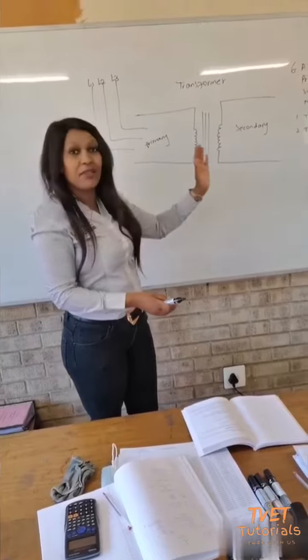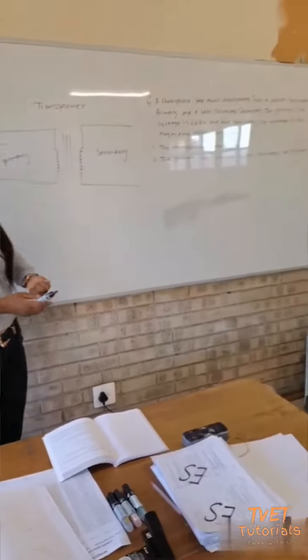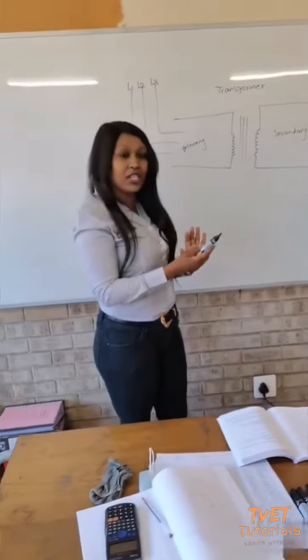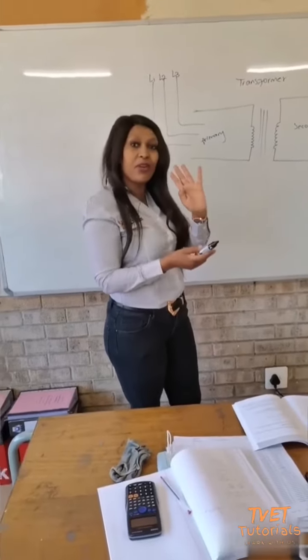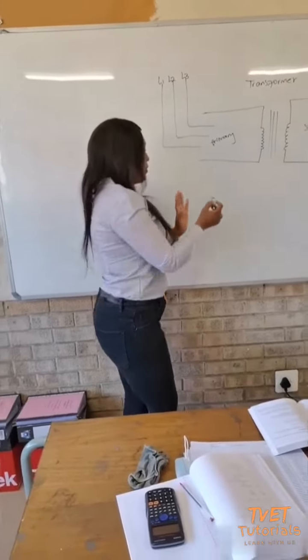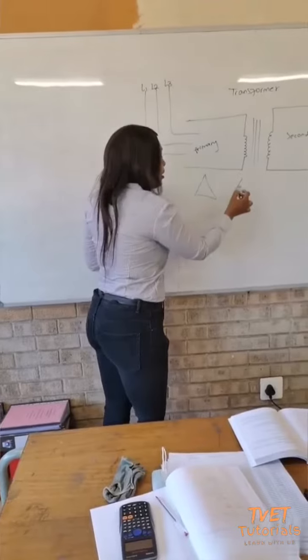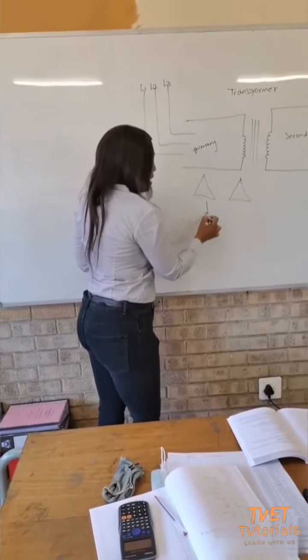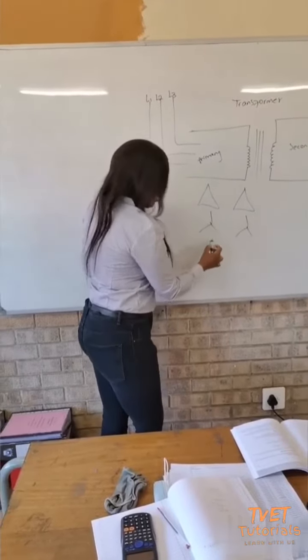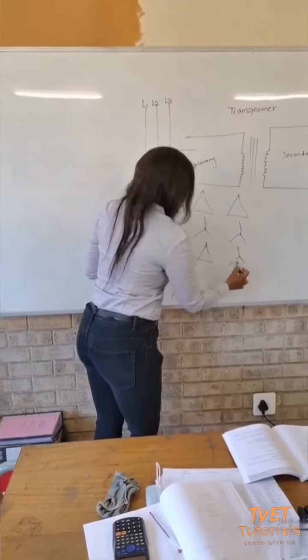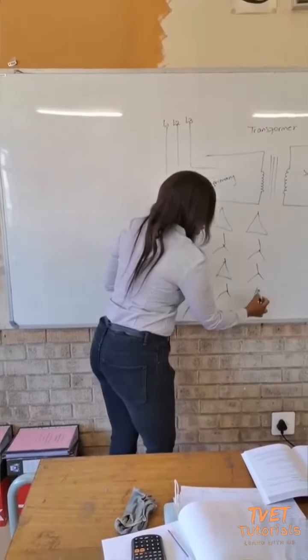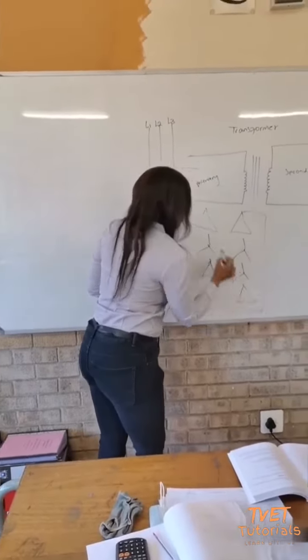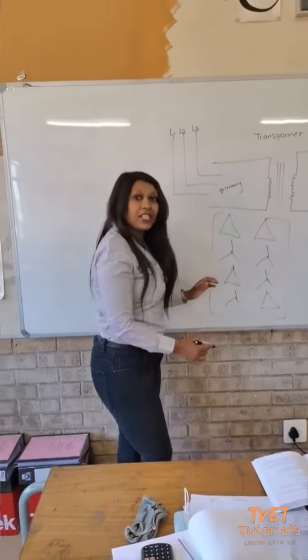It's mainly the three-phase that is complicating. To master the three-phase calculation, you need to know the four configurations of a transformer. We have a delta-delta connection, a star-star connection, a delta-star connection, and a star-delta connection. These four are the configurations of a transformer.